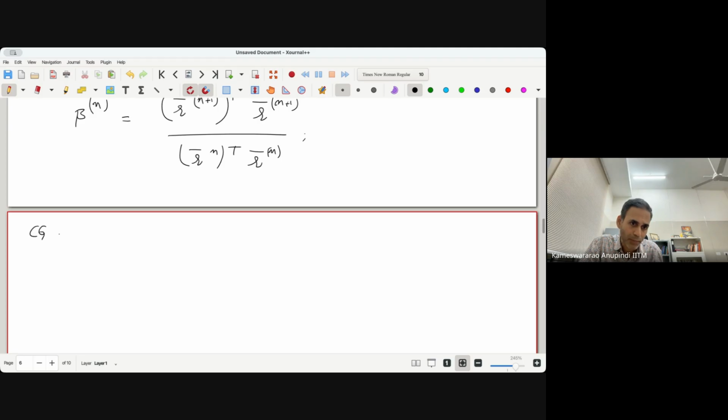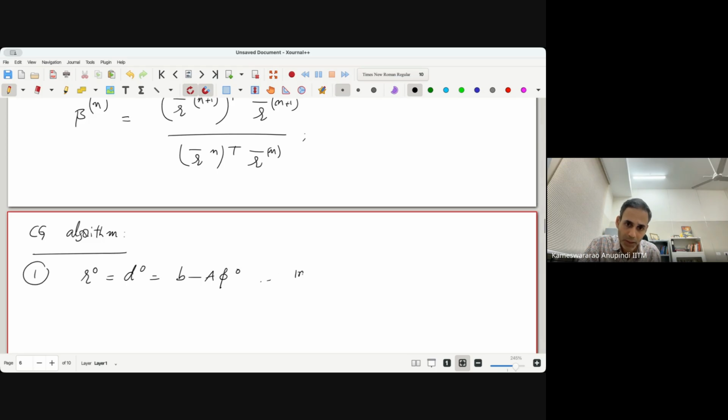So the CG algorithm goes like this. First, calculate your residual at 0, right? That is the 0th step. That is, we take the residual direction to be the same as the conjugate direction d0. This is going to be b minus A phi 0.